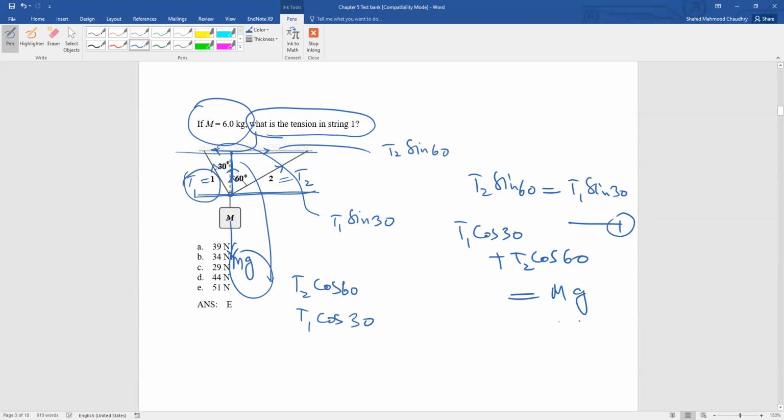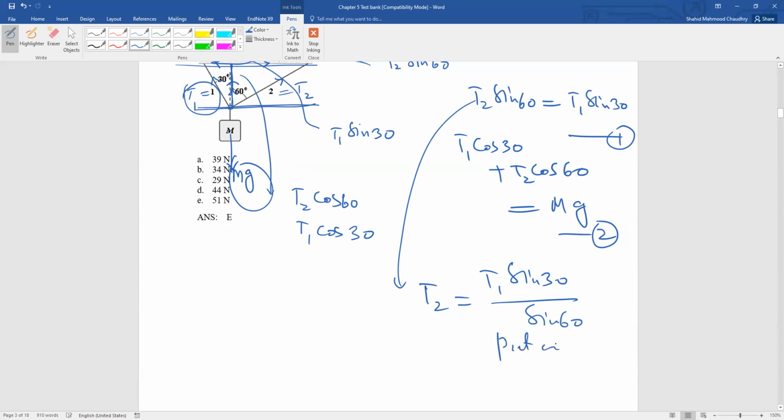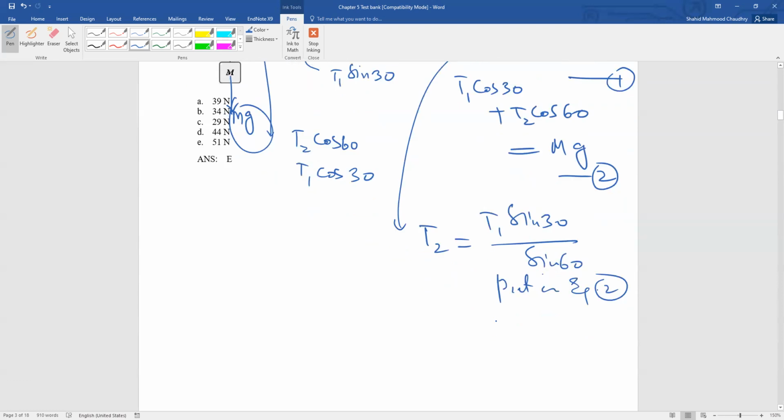Now we have these two equations. From these two equations, you can find the value of T1. But first, from here, find the value of T2. So T2 is T1 sine of 30 divided by sine of 60. Put this value of T2 in equation number 2.